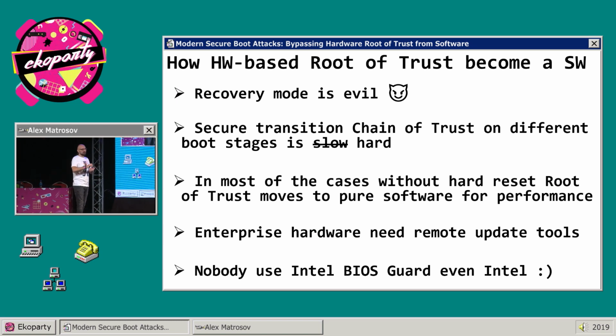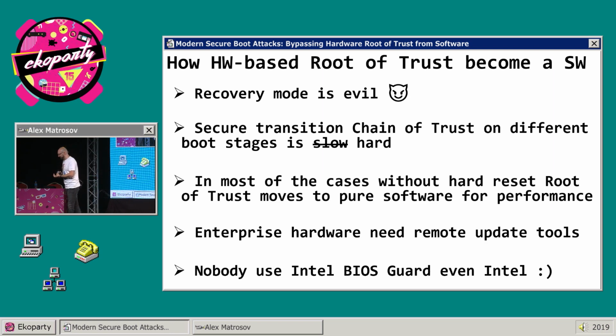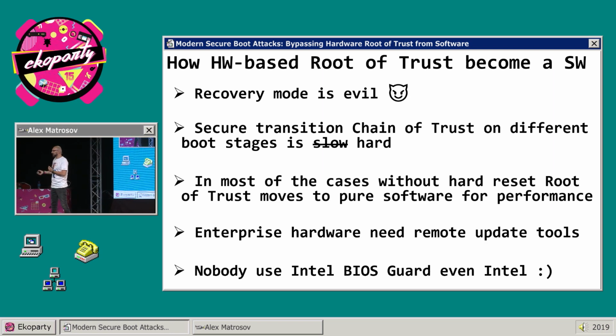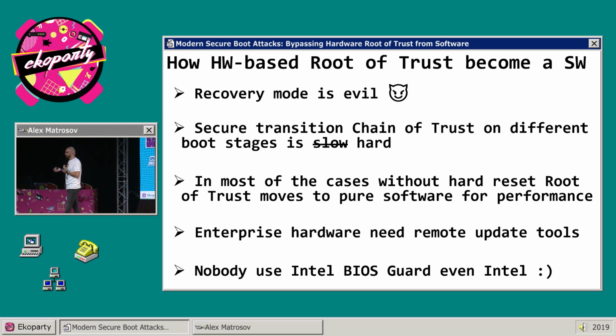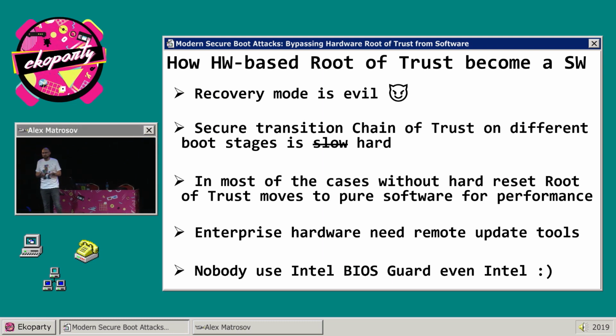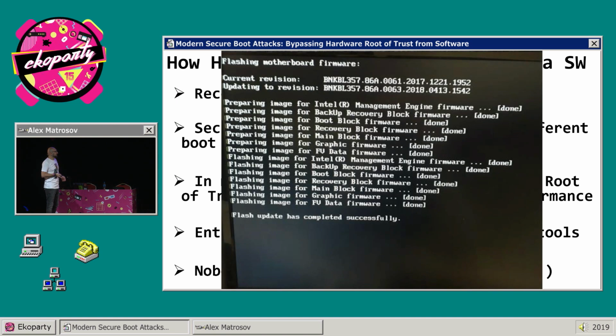They are verified from some state which is safely stored inside the BIOS, in software. Enterprise hardware also needs remote update tools, and nobody uses Intel BIOS Guard. Mostly all the vendors try to avoid this technology because it makes recovery very hard.